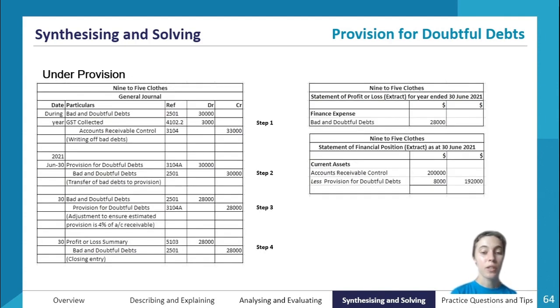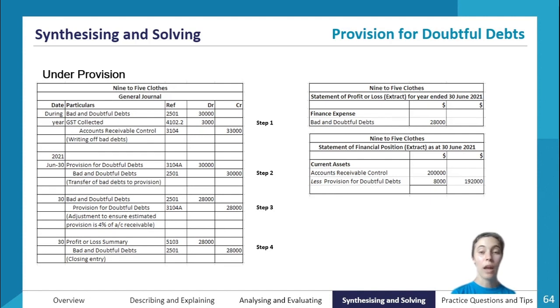So we can see the different steps here according to those steps that I listed out before. So first of all, with step 1, we are accounting for writing off those bad debts. And you can see in this case, we've got that GST figure. Next, we're transferring the bad debts to the provision for doubtful debts account with the $30,000 figure.